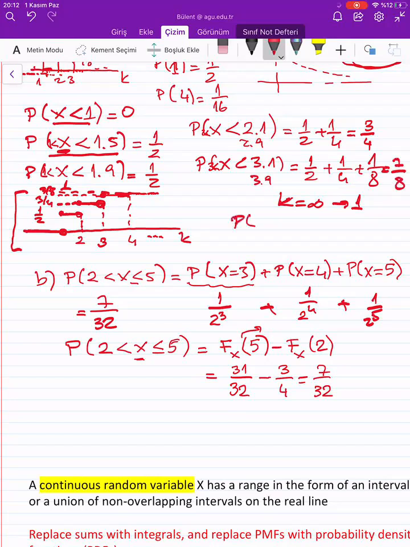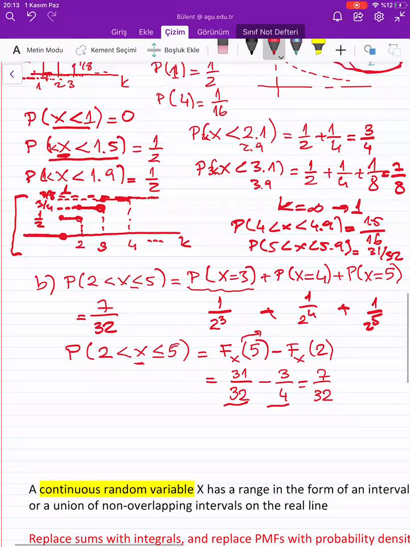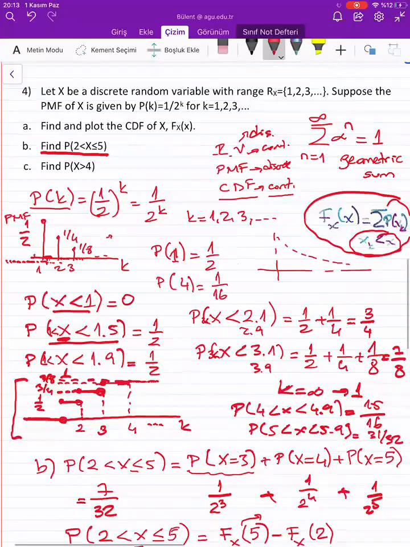For the probability of, let's say, 4.9, it is going to be equal to 15 over 16. So for 5, 5.9 is going to be 31 over 32. So this is 31 over 32. This is 3 over 4. So we will be using these kinds of formulations also to find the probabilities between two values.